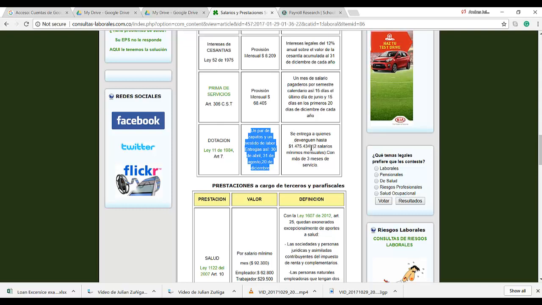And you also, by law, this is given to the people that earn 2 or less minimum wages a month. Okay? Of course, by law, it also says that this person will receive their dotación, okay, or their uniforms, if they have been with the company for at least 3 months.